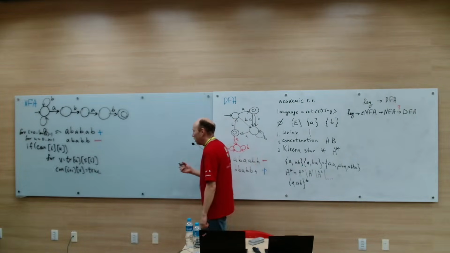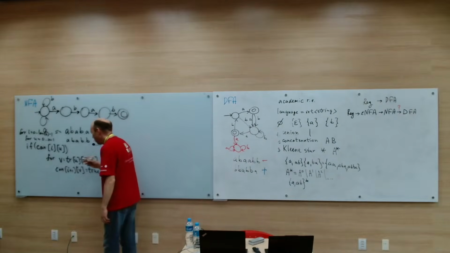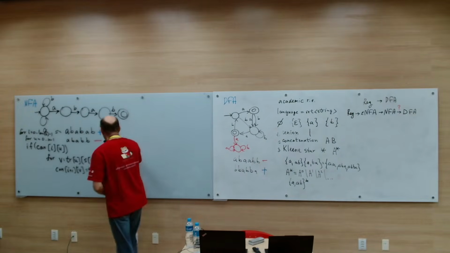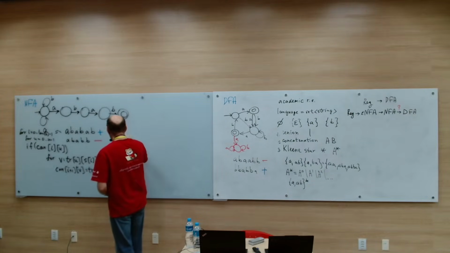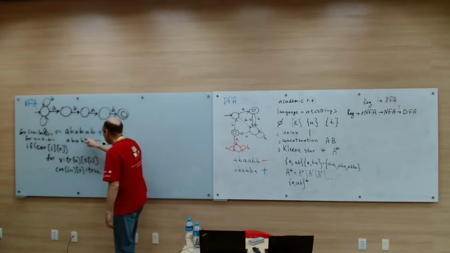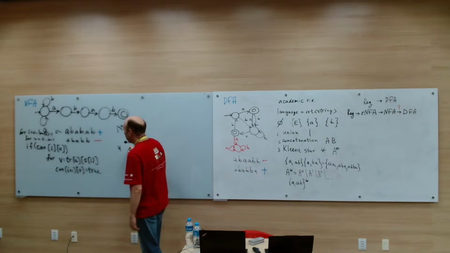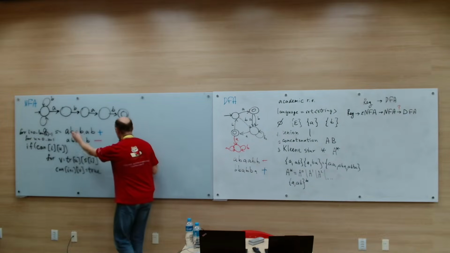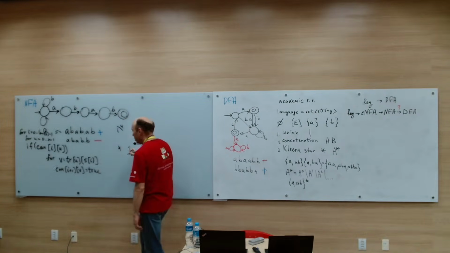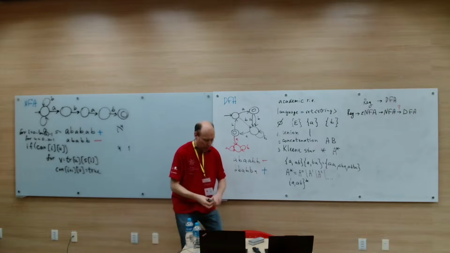Now, let's look at this closer. After 4 steps, where can we be? Can we be in the state 0 after the steps A, B, and B? Of course, we can always be in the state 0.